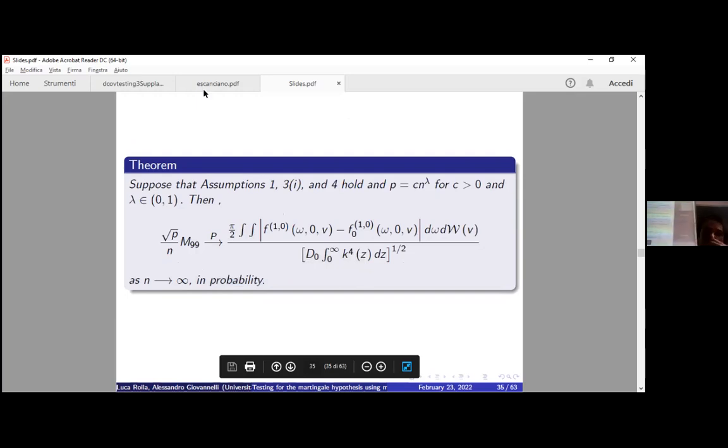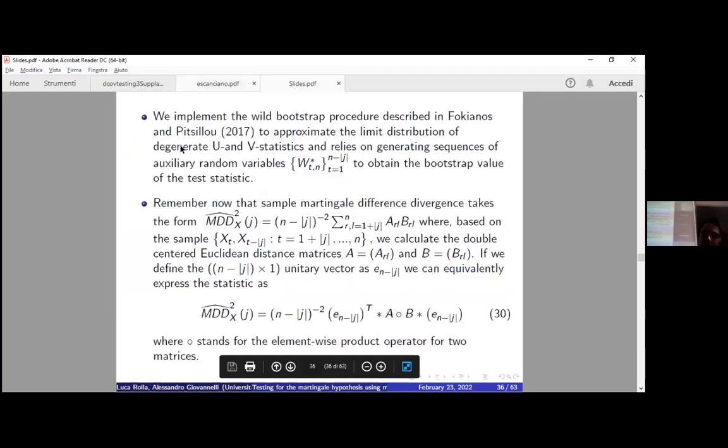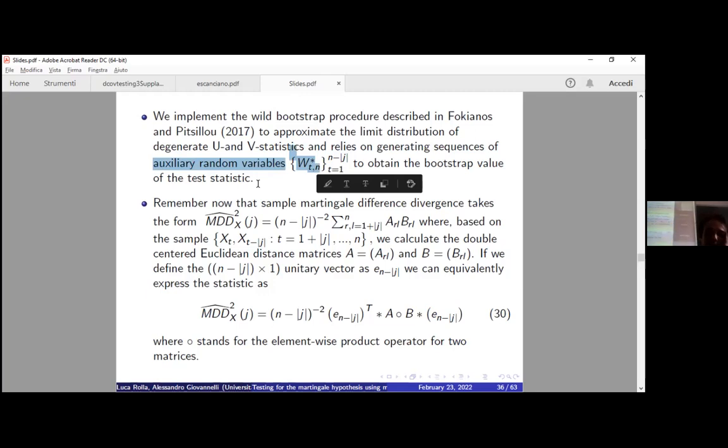Let us discuss the empirical properties of the test. We approximate the limit distribution of the statistic using a wild bootstrap procedure as described in Fokianos. Basically, they generate sequences of auxiliary random variables, let's call them W. The procedure goes like this.